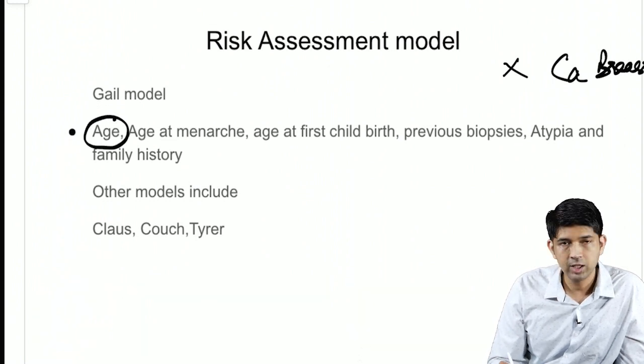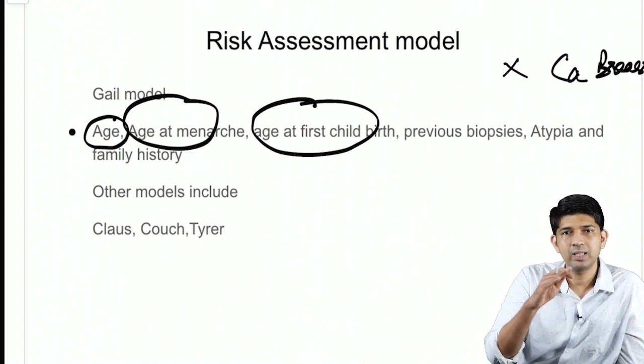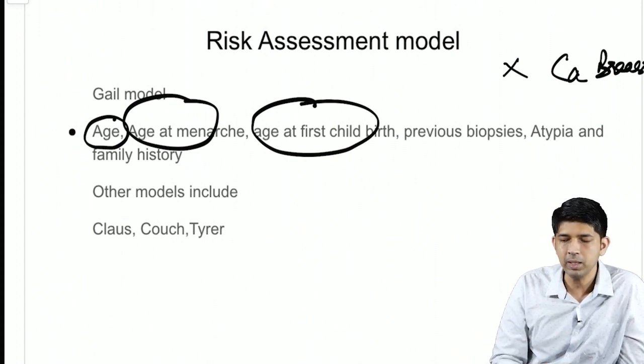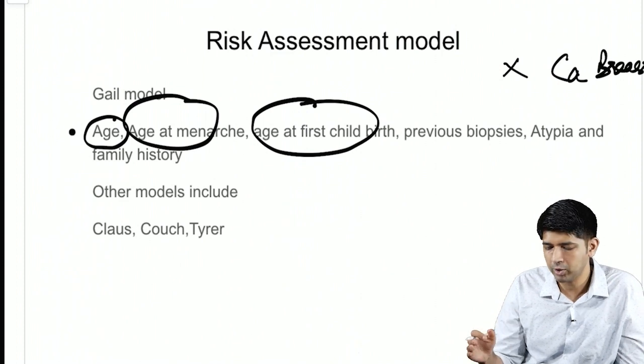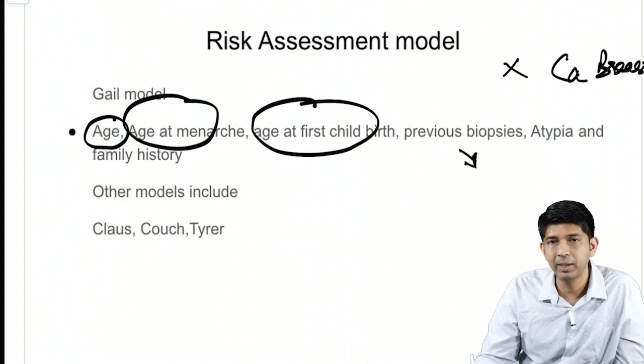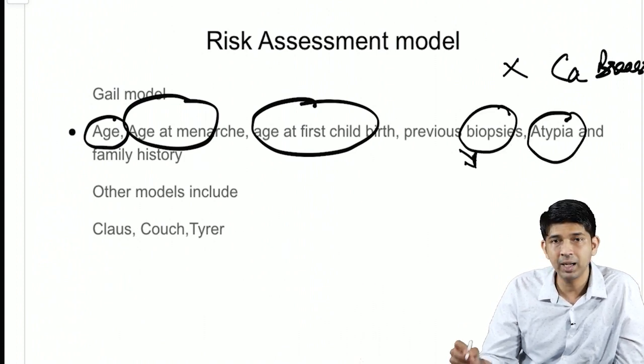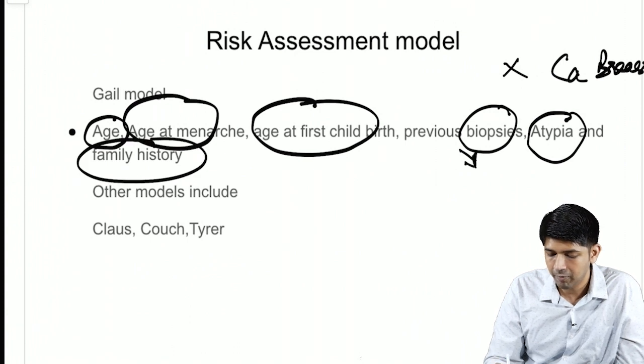One is the age at menarche, age at first childbirth. Alright, so there are various scoring systems available. We'll not go into the details of it, but you just need to understand the concept. Second, if they had any previous benign breast diseases for which a biopsy was done, whether there is any atypia in that biopsy, and family history.